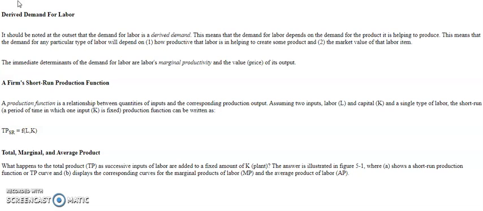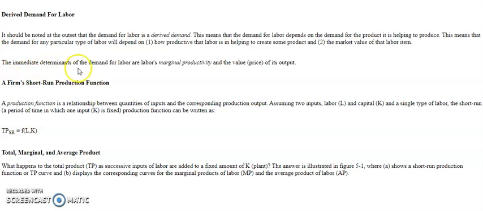First, the productivity of that labor: how much the labor contributes to the creation of one product. That is the productivity of labor. Second is the market value of that labor.